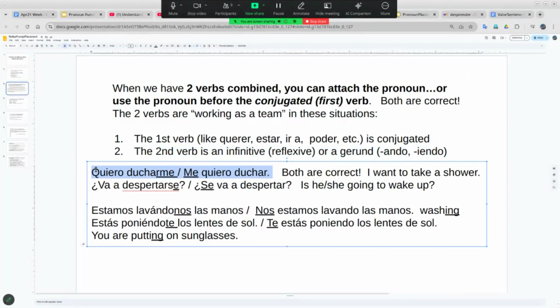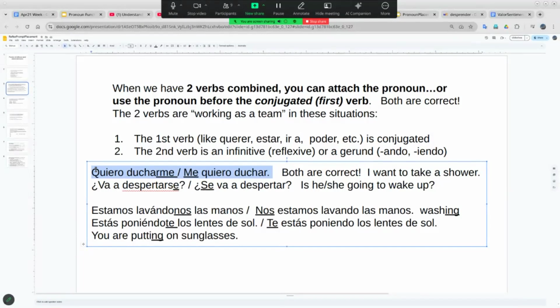I can either say quiero ducharme and slap the me on the end of the duchar, or I can take the me, the pronoun, and put it in front of that very number one verb, because the number one verb is conjugated, just like the usual rule is. So, quiero ducharme means the exact same thing as me quiero duchar.